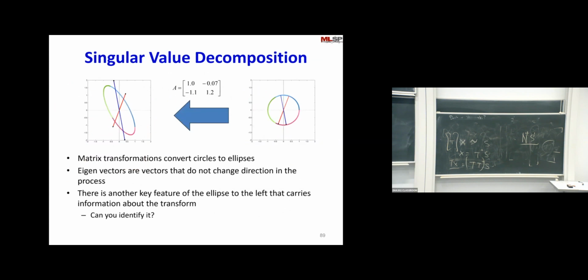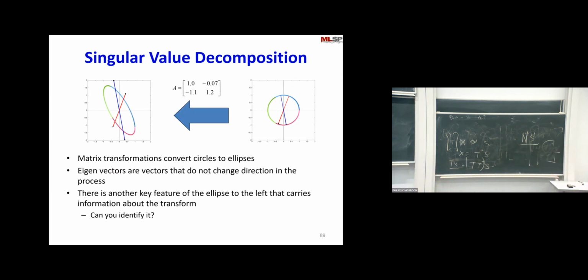Now, I'm not going to go over more details of eigen decomposition. Let me talk about another operation. In eigen decomposition, when I transform a vector or a space by a matrix, the eigenvectors represent directions that do not change. They may stretch, they may shrink, but they do not change direction, right?